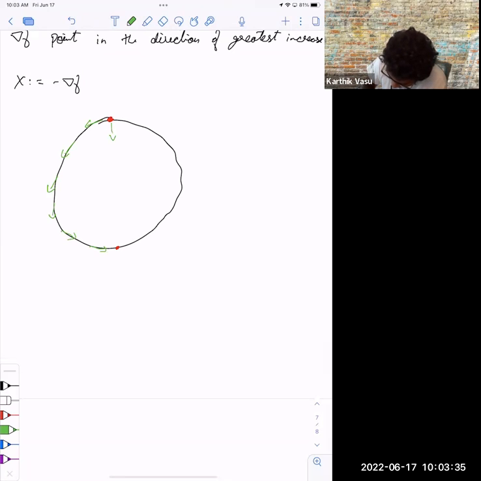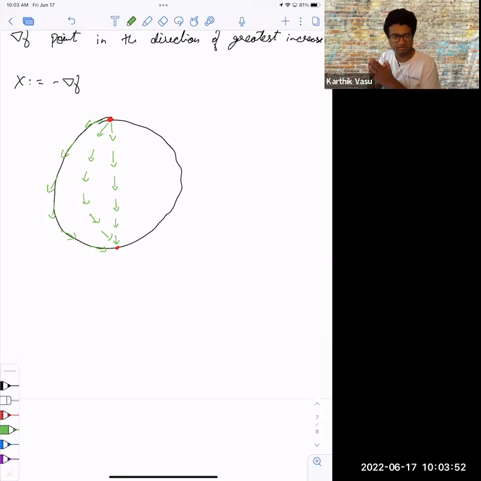Right here, it just goes down. So at each point, you get a direction of how you go to the minimum, or how you decrease.